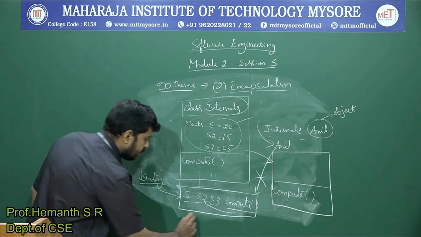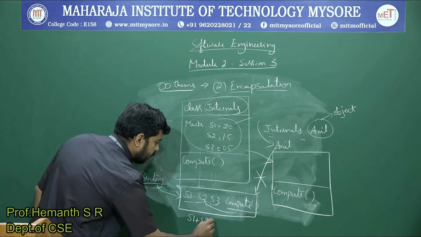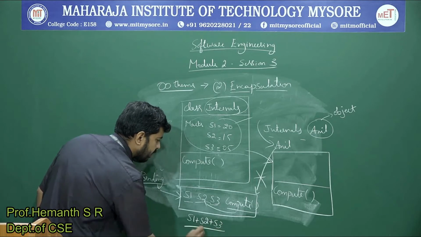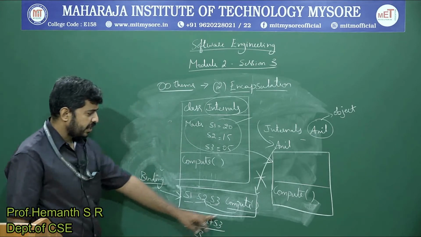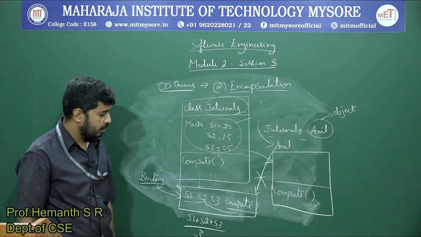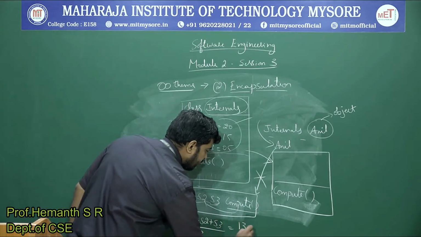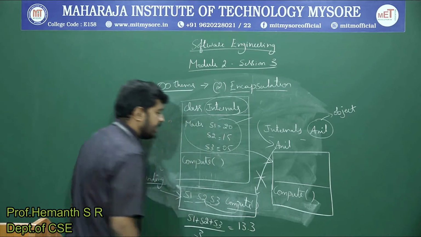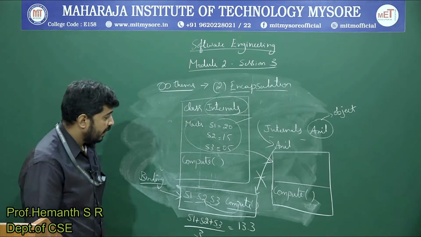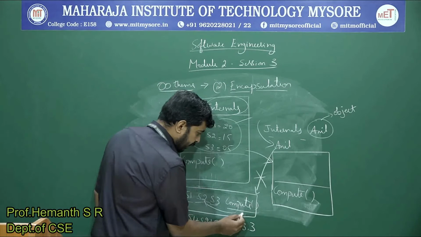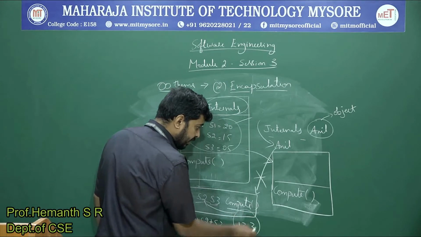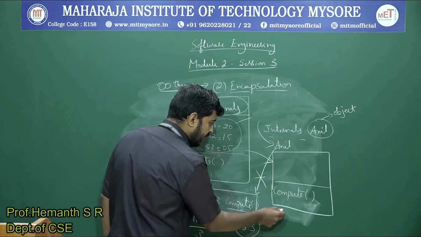So S1 plus S2 plus S3 divided by 3 is the computation done by the compute method. Once done with the result, for example, consider 13.3 is the answer obtained. Now the compute method will return 13.3 to the Anil object.